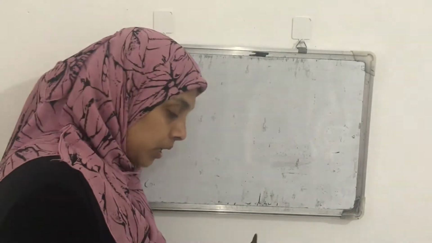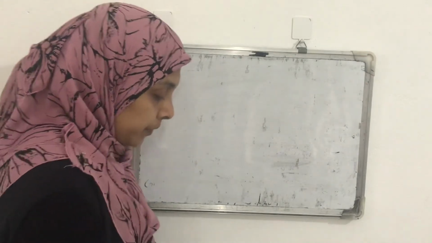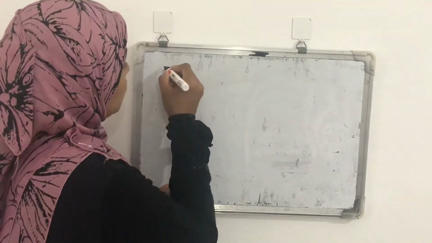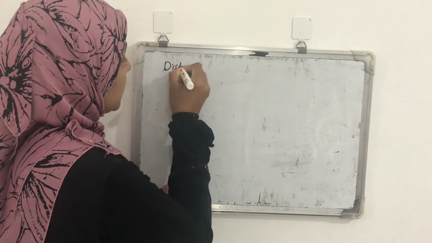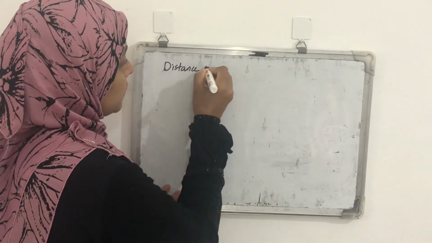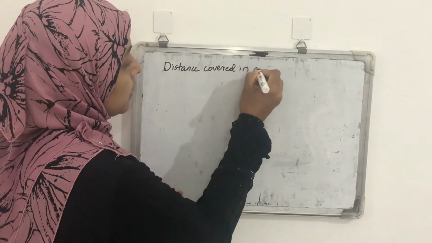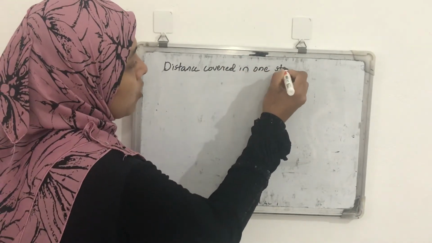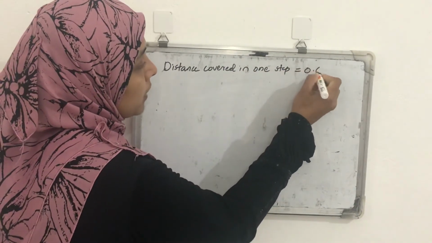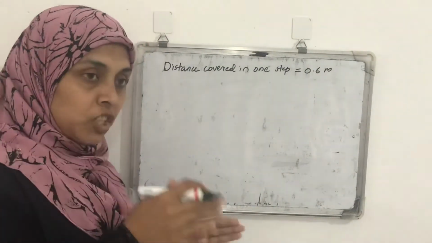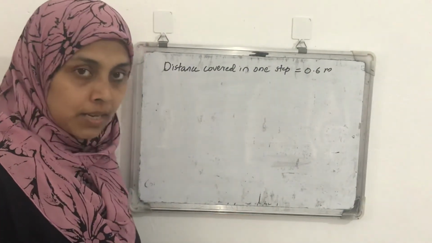Virender covers 0.6 meters in one step. So we can write, distance covered in one step equals 0.6 meter.